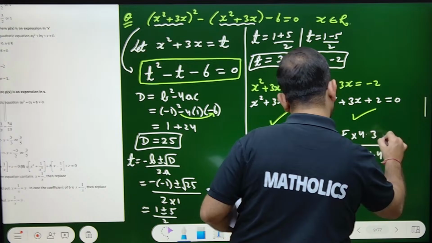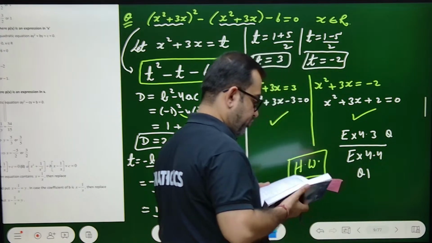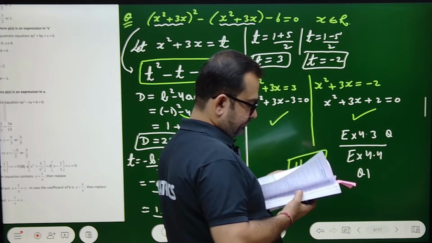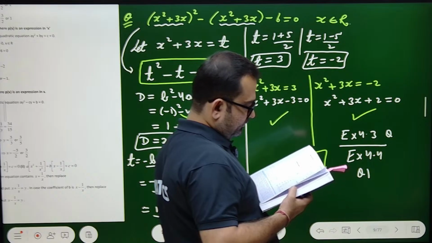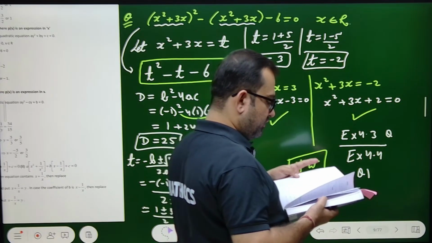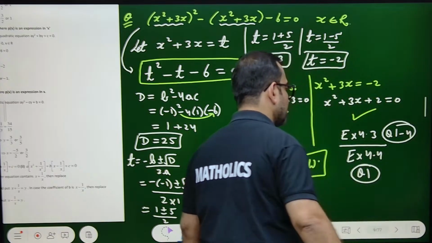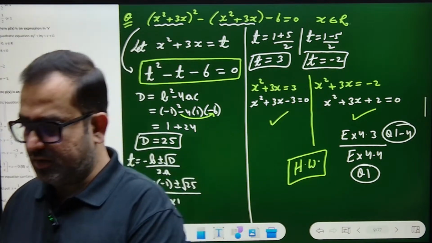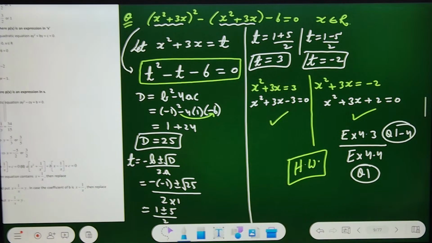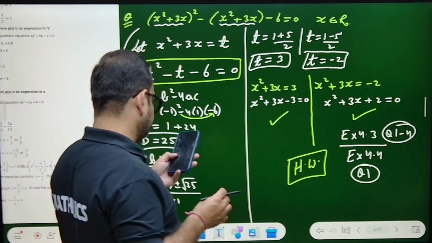Exercise 4.3, question number 1 to 4. Done. This is the only homework. This is from RD Sharma.